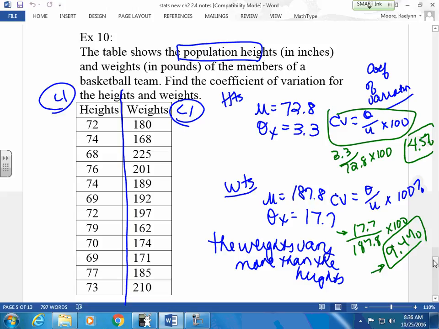So the weights have more variability than the heights. Makes more sense, doesn't it? So if I'm going to compare two tests, my test versus your physics test, whichever one has a higher rate means the grades in there vary more. That's all it means. I'm able to compare two things that I wouldn't normally be able to compare.